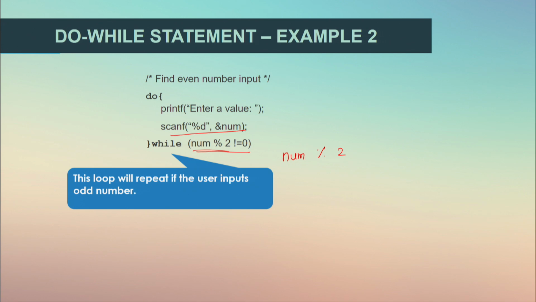If the remainder is equal to 0, we are not allowing the loop to continue. If the remainder is not equal to 0, we are allowing the loop to continue. So, this loop will repeat if the user inputs are all odd numbers. If there is going to be an even number, the loop will not continue to the next iteration.